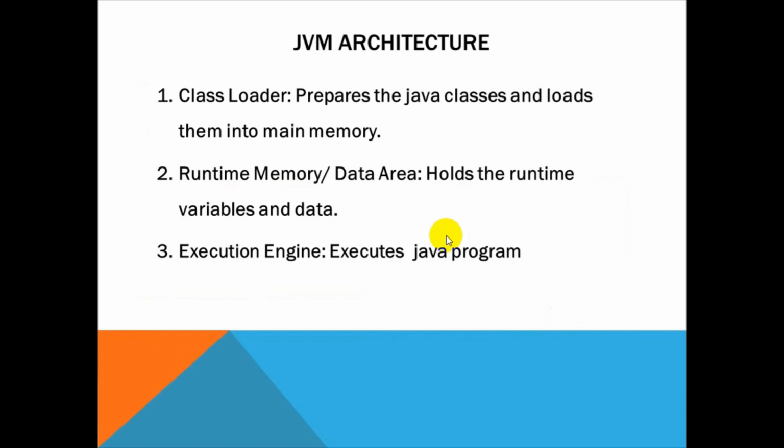The runtime data area holds the runtime variables and data that are required to run a program. The execution engine executes the actual Java program when we run the java command with the Java class file. The execution engine looks for the main method and executes that file.